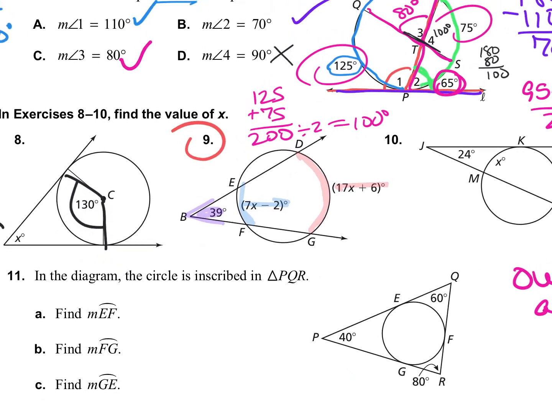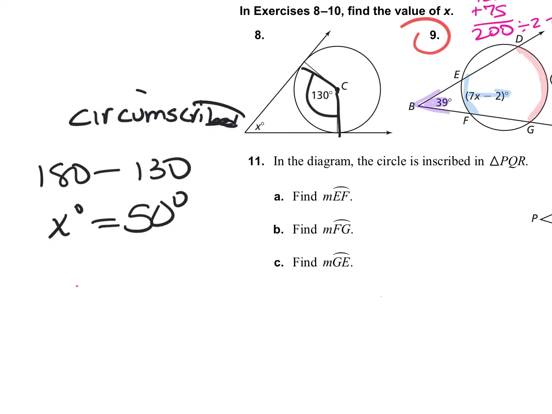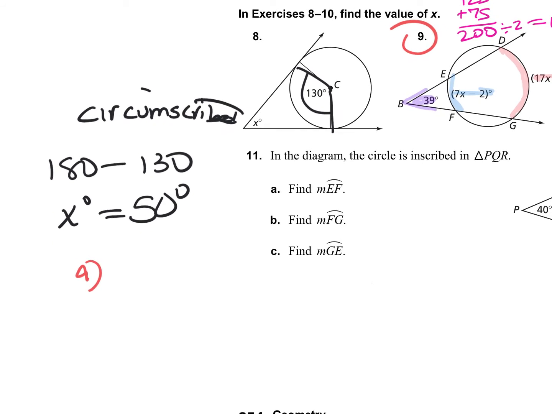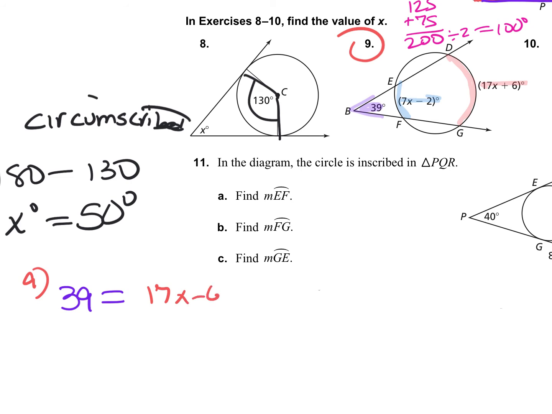So what I'm going to be doing here, let me do number 9 down here. I'm going to be doing outside angle is equal to big arc (17x plus 6) minus (7x minus 2).